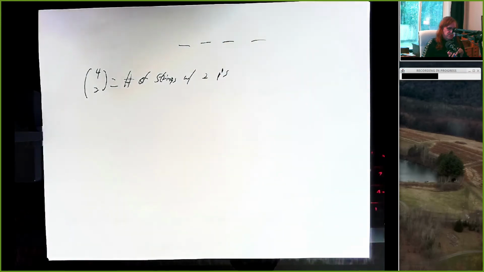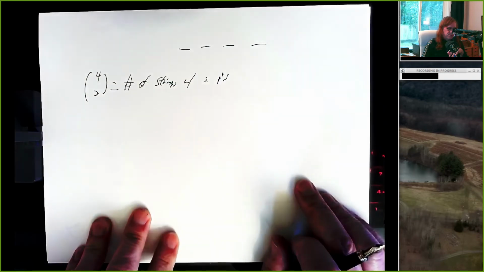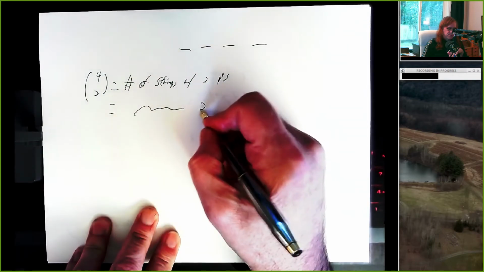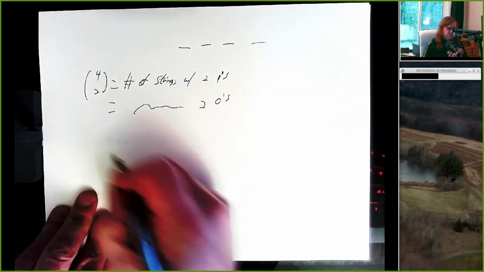Well, how many 4-bit strings could I have with 2 zeros? Wouldn't my calculation be exactly the same? I choose which 2 of these 4 I want to put my zeros in. So that's also the number of strings with 2 zeros.